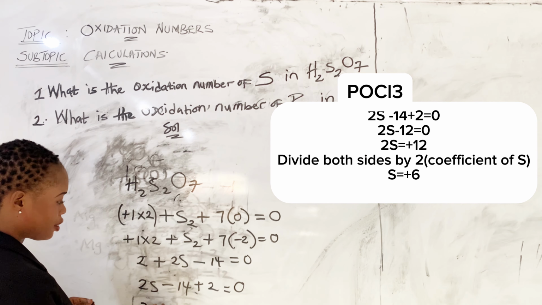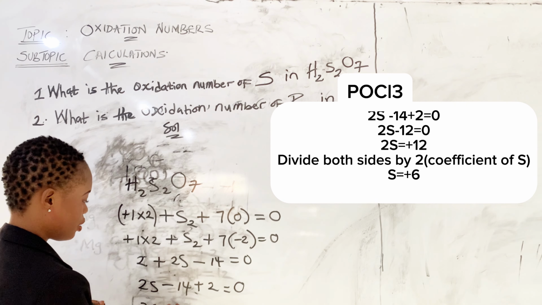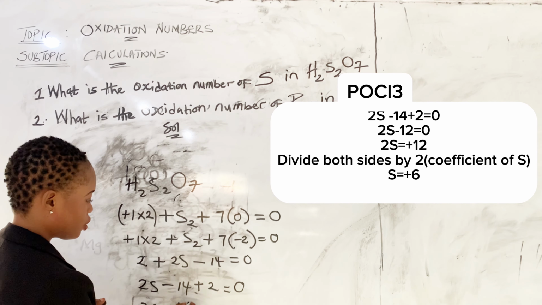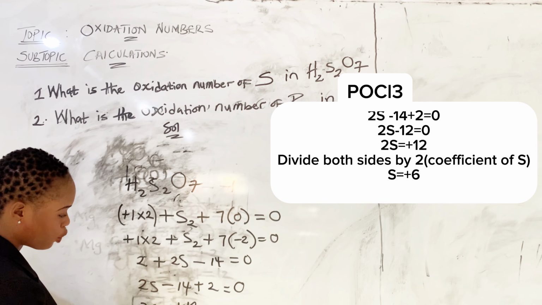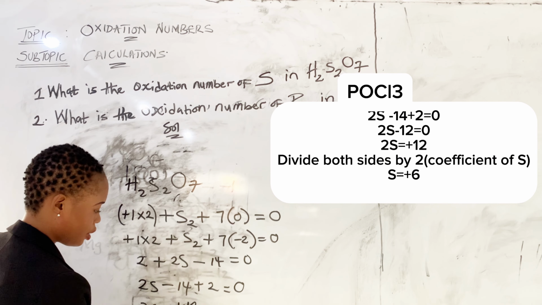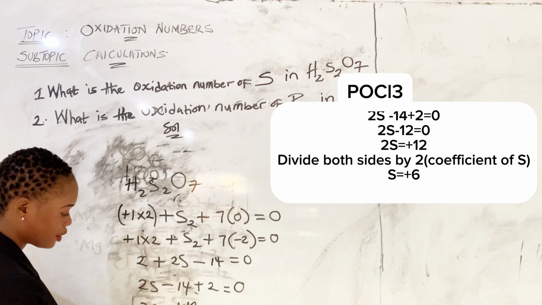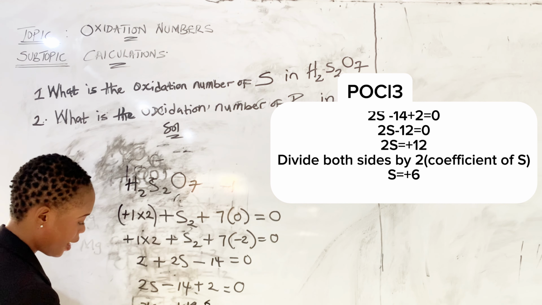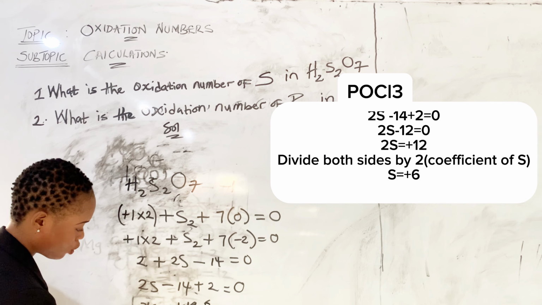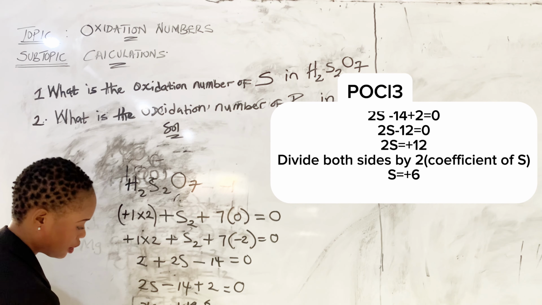So 2S is equal to what? Plus 12. Okay, so you divide both sides by 2, which is the coefficient of S, and our answer is what? 6. So S is equal to 6, or rather plus 6.